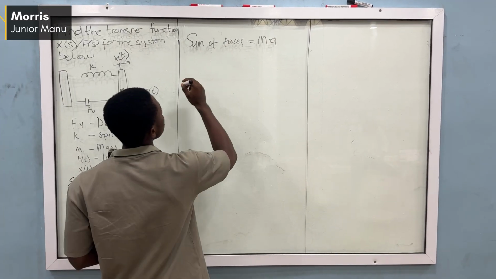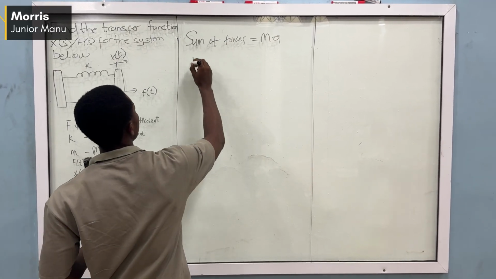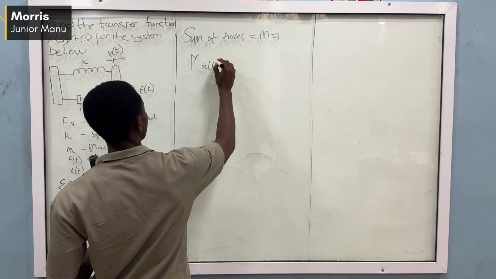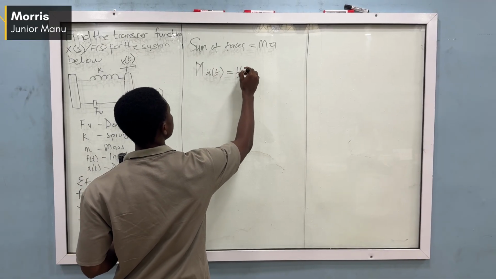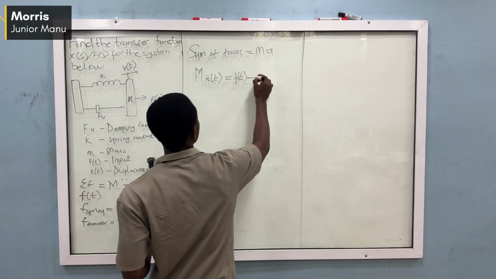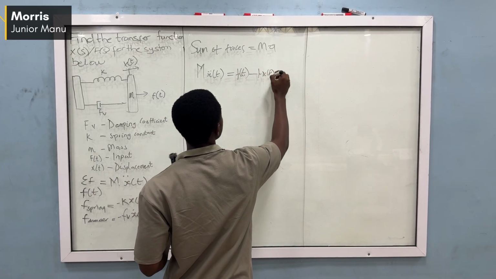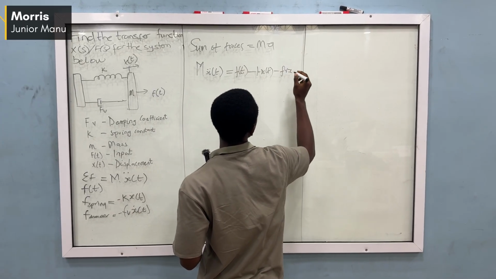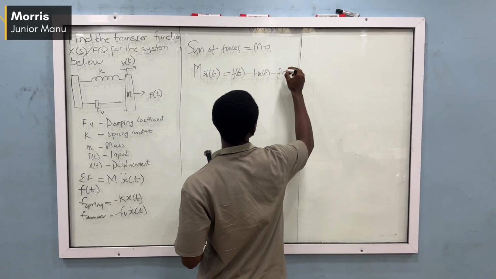So applying Newton's second law, we have m x double dot of t is equal to f of t minus k x of t minus Fv x dot of t.